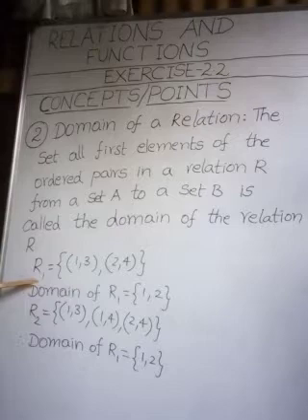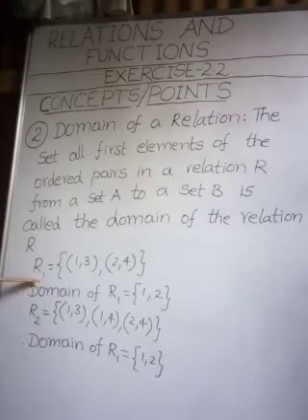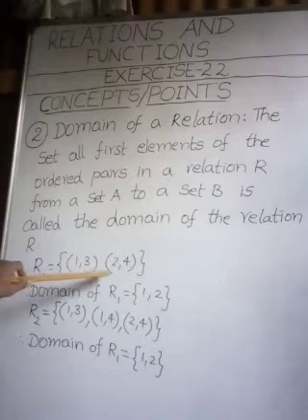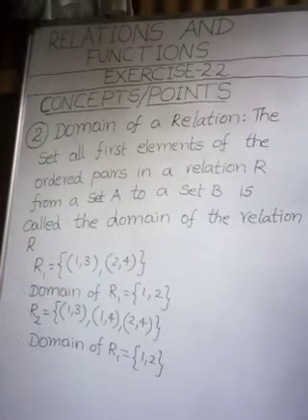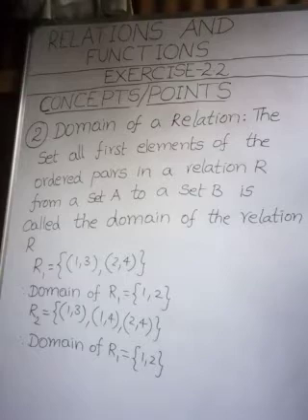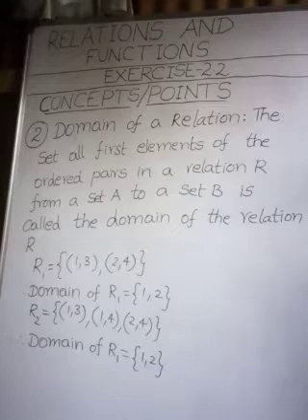Let us take this R1. In the first point, we have discussed R1 is equal to the set of ordered pairs (1, 3) and (2, 4). We are using the same example here, relation R1.